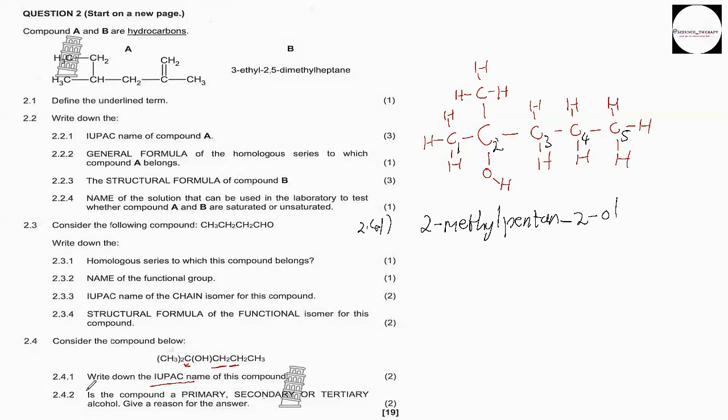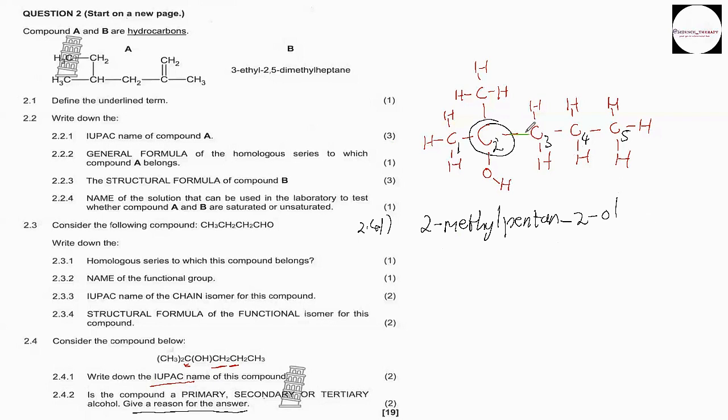Then 2.4.2 is asking, is the compound a primary, secondary, or tertiary alcohol? Give a reason for the answer. Now let's look at this. Remember, we need to locate the carbon that has the hydroxyl group. So this is the carbon with the hydroxyl group. And then now let's check how many other carbon atoms it is bonded to.